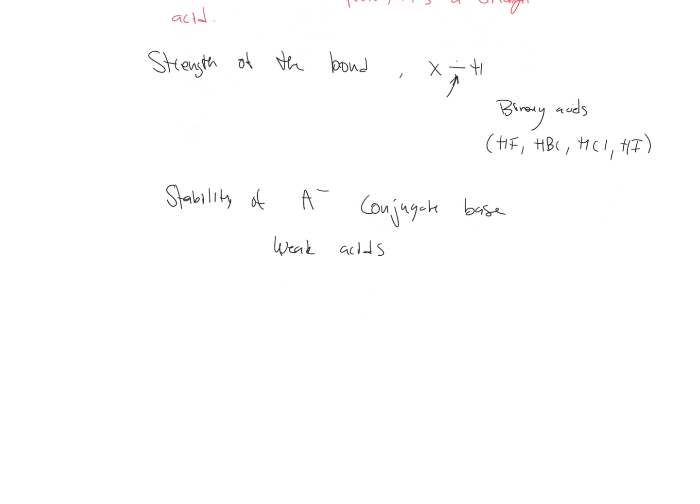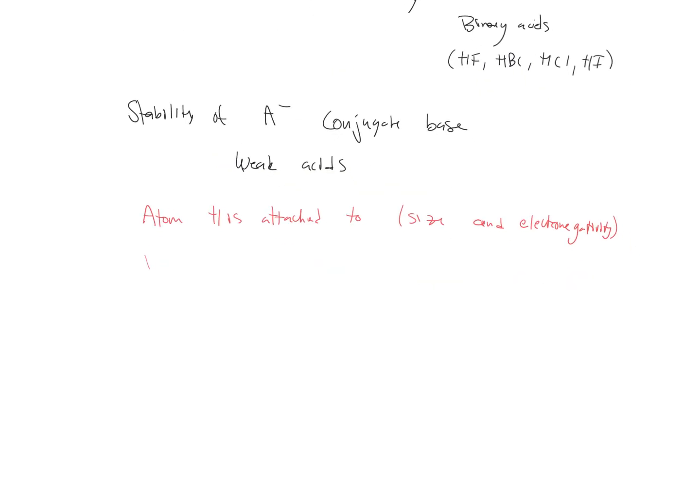And that really depends on things like the atom H is attached to. Think about size and electronegativity. We need to think about resonance, like I explained previously, and induction.